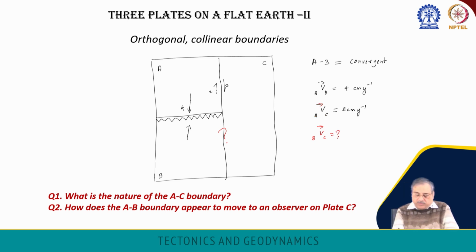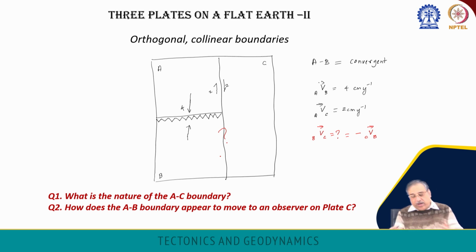Now, keep this in mind: the relative velocity of C with respect to B is also equal to minus the relative velocity of B with respect to C. This means that the magnitudes are identical, but whatever the relative velocity is, it would be just the opposite on plate B with respect to C, opposite to what it is for C with respect to B. So we need to understand what this is. So this is the problem that we're faced with.